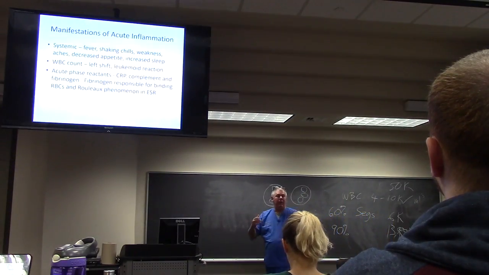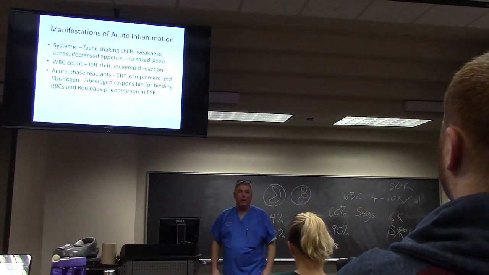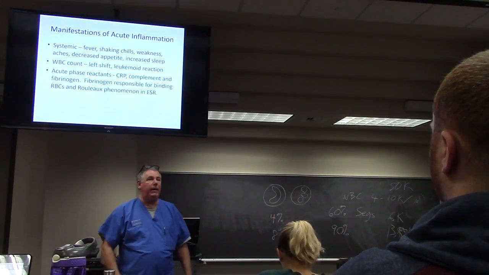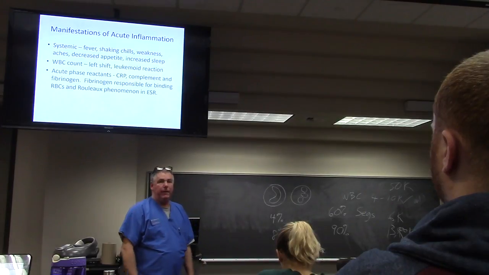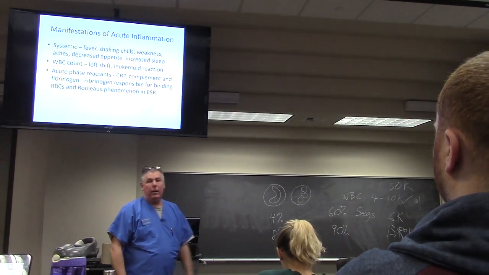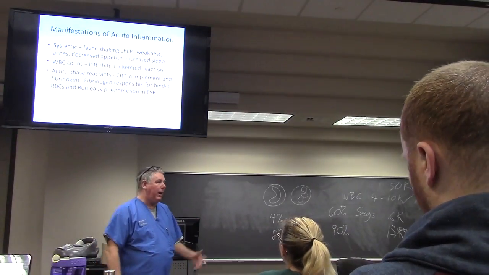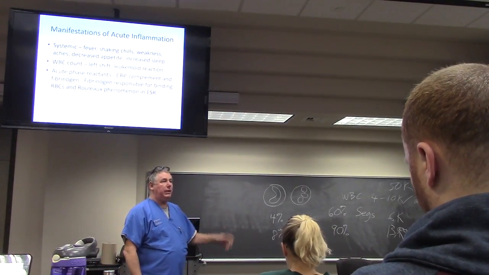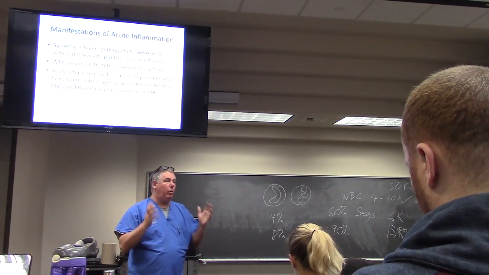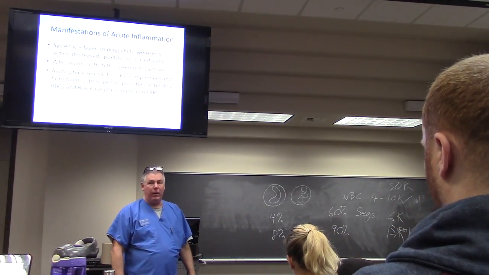White blood cell count will rarely go above 20,000, regardless of what the inflammatory response is. Pain or pneumonia or ischemia or anything like that, it rarely will go above 20,000. All of a sudden you've got a 50,000 white count. An absurd white count is called a leukemoid reaction.